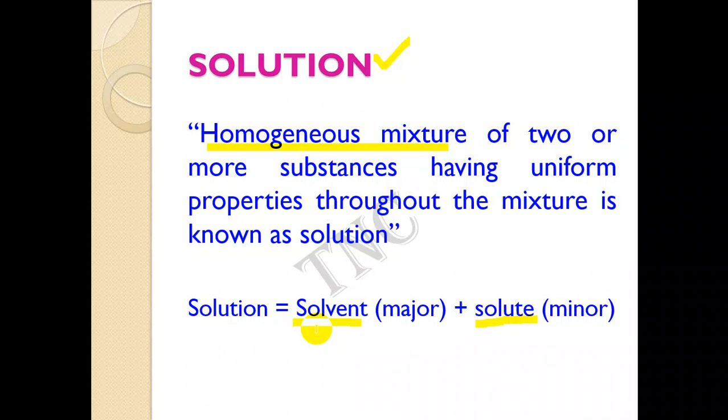If you have only one solvent and one solute, that kind of solution is known as binary solution. And mostly in this particular lecture, we would discuss only binary solutions, right?